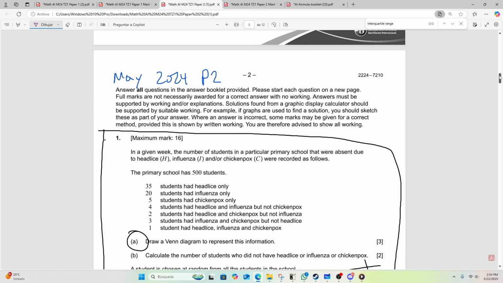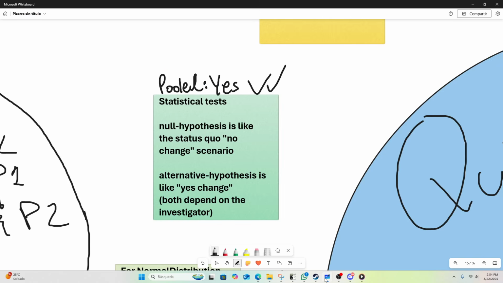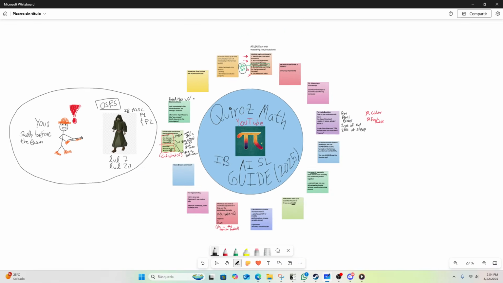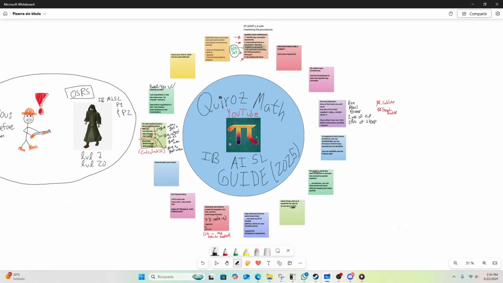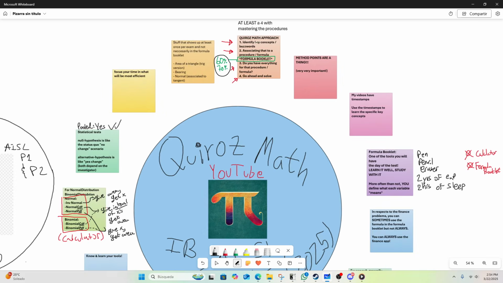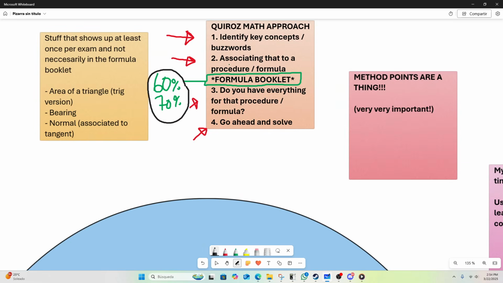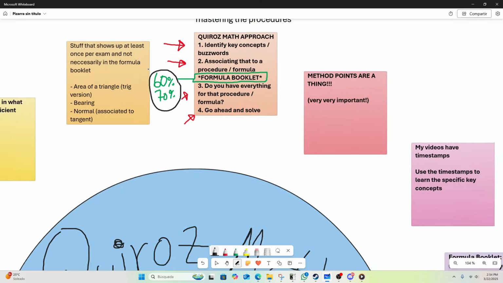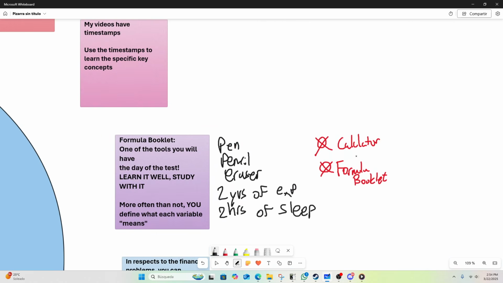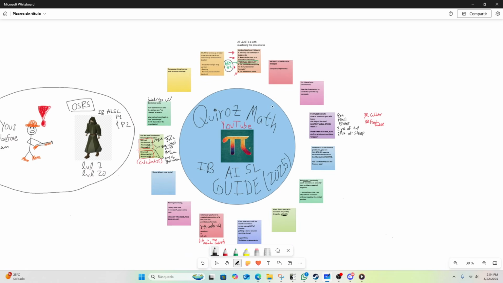Guys, this method, for me, is not a method about getting 100% in the test. It's a method for maximizing your points. And you're going to notice that a lot of what you need to know is in the formal booklet. A lot of what you need to know is about how to manage the calculator. It's about knowing the tools you have, knowing which calculators you have.